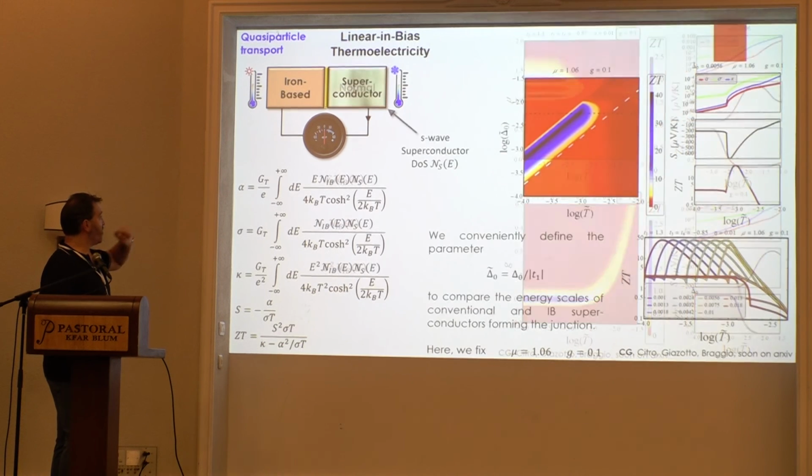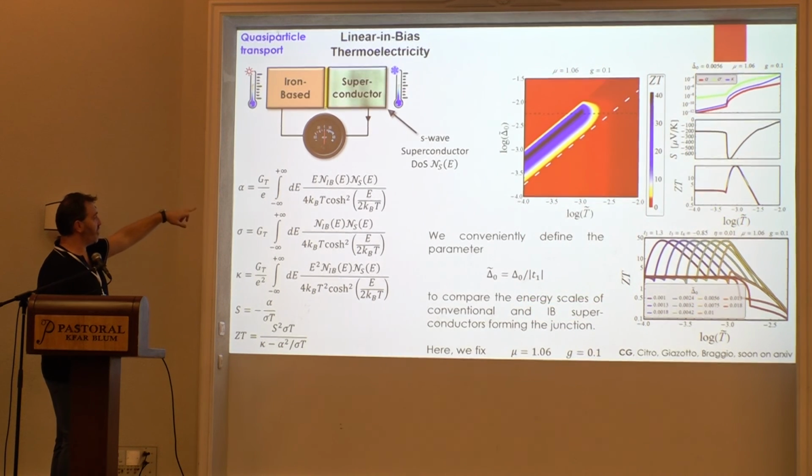But considering a system with a superconductor, we obtained a situation in which, for a specific combination of the various parameters of the system, I have no time to describe in detail, we obtained a very large value of ZT. The value 40 is very large. Speaking with our colleagues, a value of 3 was a good value experimentally. This is, of course, a theoretical work, so we don't know. But 40 is really a good result.